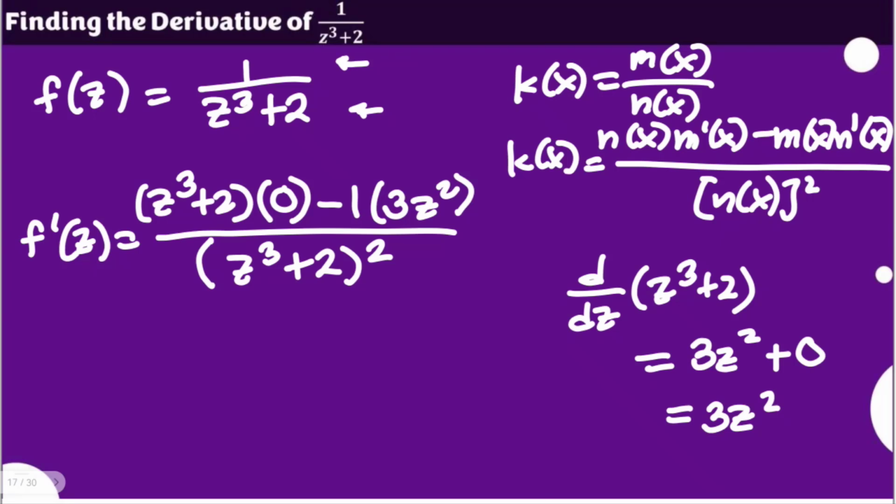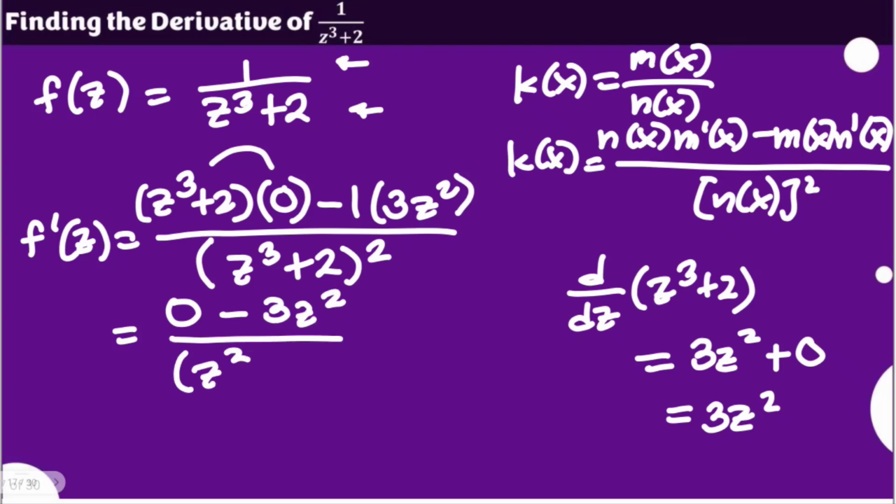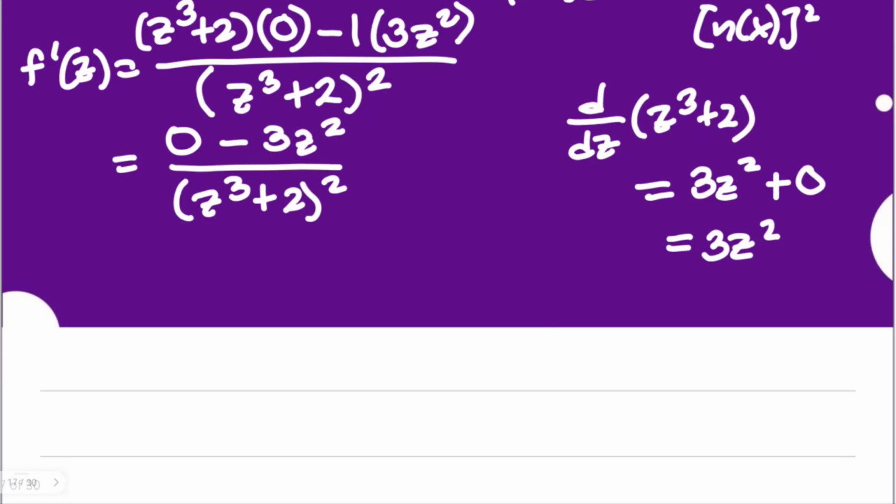Now, how do we find the final answer? Simply try to simplify all the necessary items here. So you will have 0 times the entire binomial expression, which is just 0, minus 3z squared, all over the square of your denominator as it is. Now, some references would like to expand whatever your denominator is. Of course, you can have the expansion of (z cubed plus 2) squared.